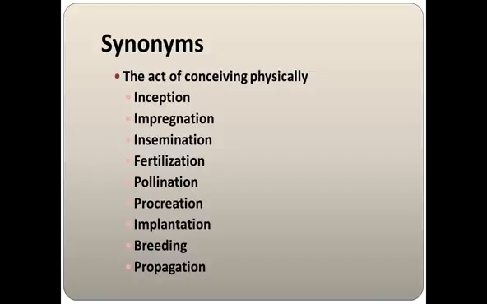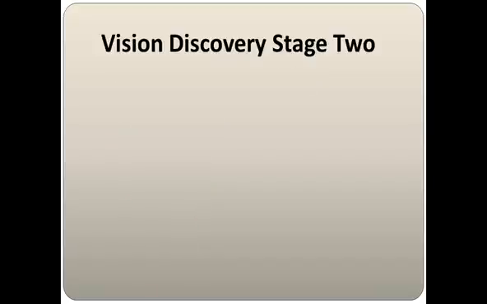Either God is speaking directly to you or indirectly through other people and other ways like books and preaching and so forth, and the idea takes seed thought in your mind and is planted there, and then it begins to develop, which brings us to stage 2 of vision discovery, and that is development.